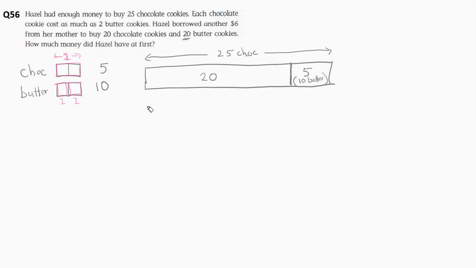So that means that the $6 that she borrowed from her mum was spent on, or is the same value as, the remaining 10 butter cookies that she didn't have enough money to buy without this $6.